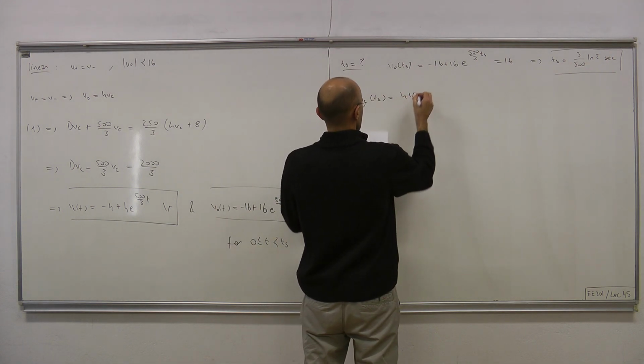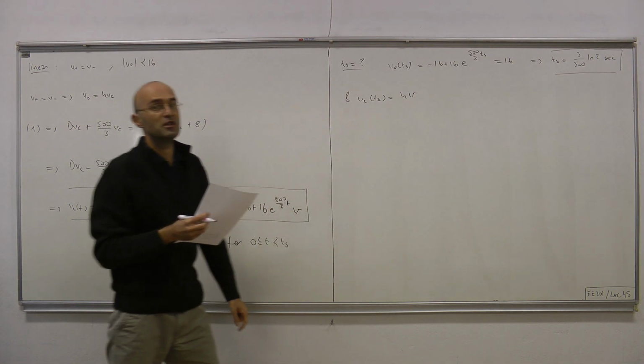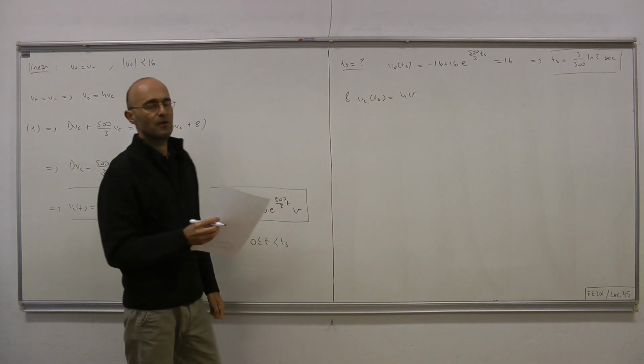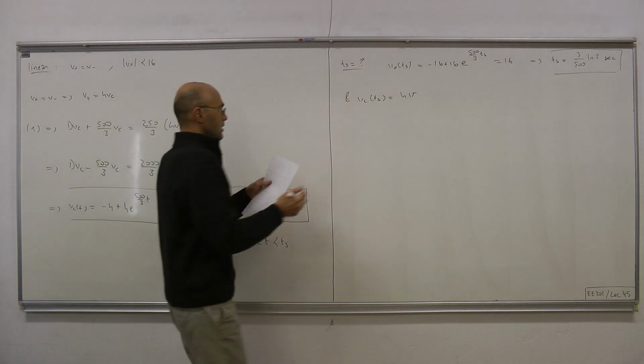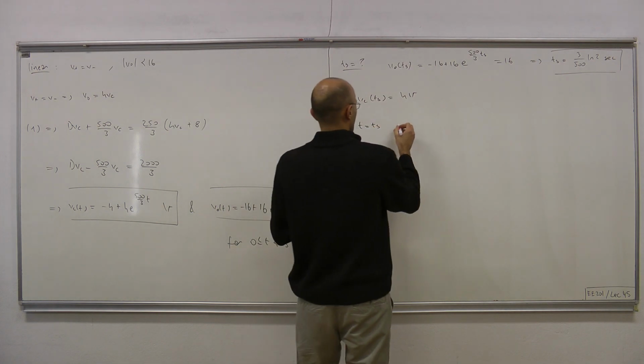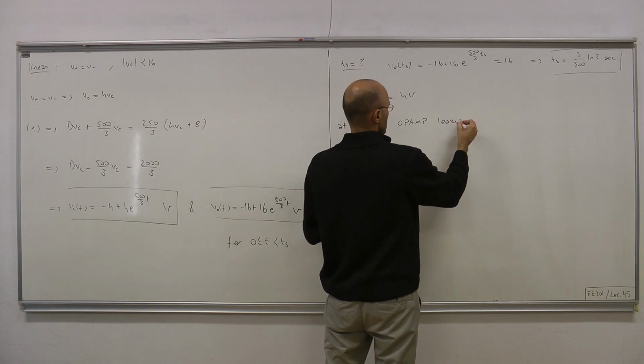So VC(Ts) equals 4 volts. So this will serve as our new initial condition, starting from the new initial time Ts.